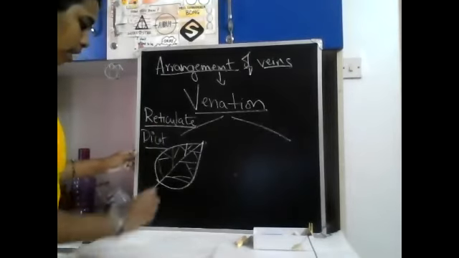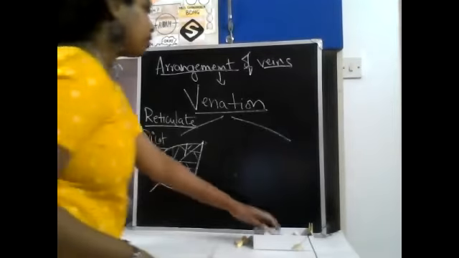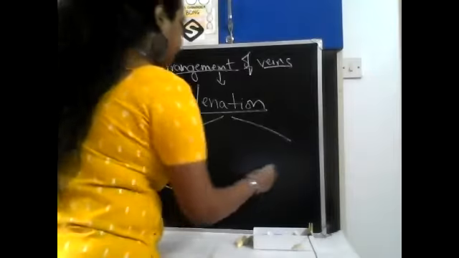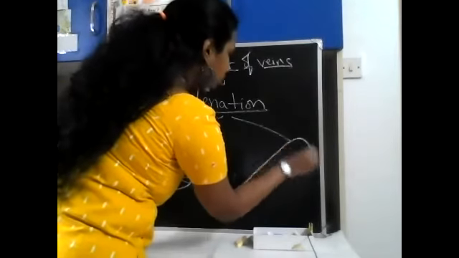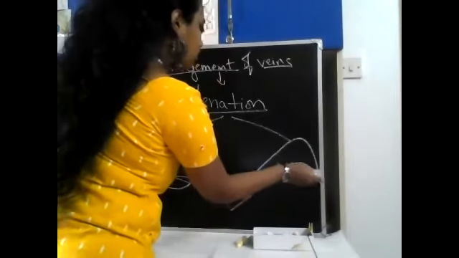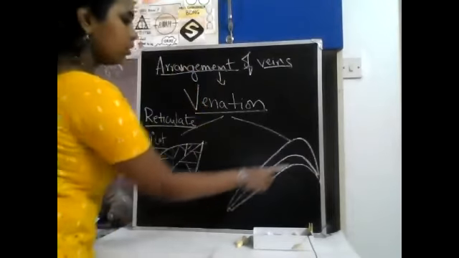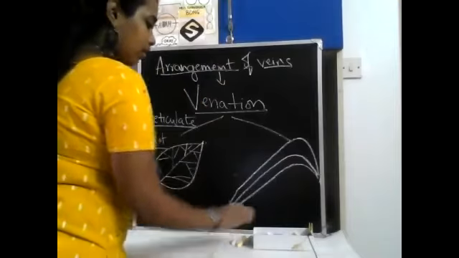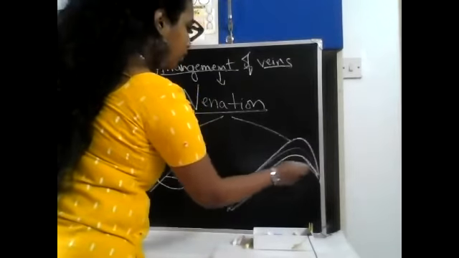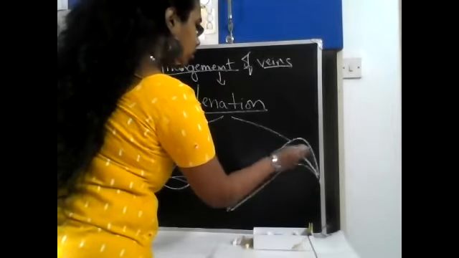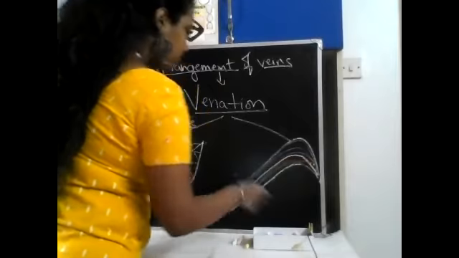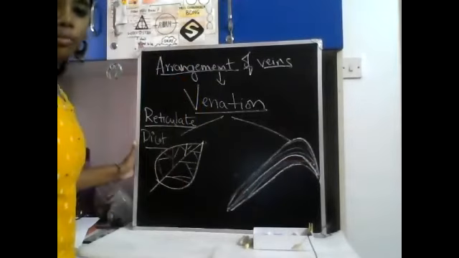Okay, now we look at the second kind of veins arrangement in leaves. Imagine this is the midrib, and your veins are in such a way that they are parallel to the midrib, but they are thinner than the midrib.